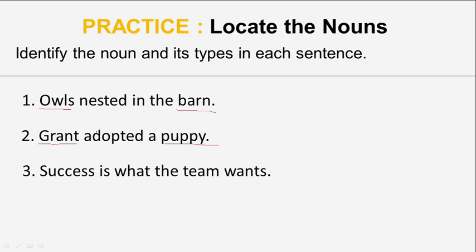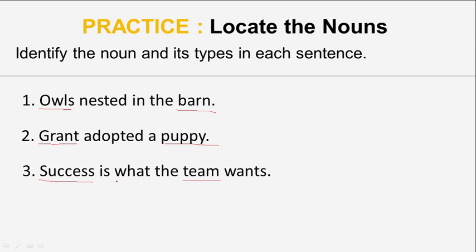Next, number 3. Success is what the team wants. Let's identify the nouns in the sentence. The first one is success. Good job. How about the second one? The team. Okay, what kind of noun is success? Is it a common or a proper noun? Okay, it is a common noun. Is it a concrete or an abstract noun?